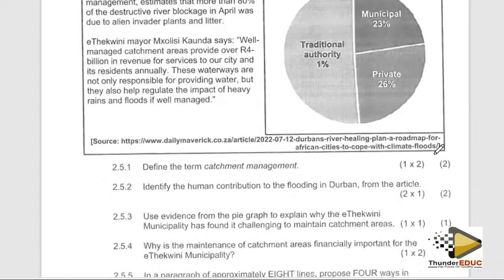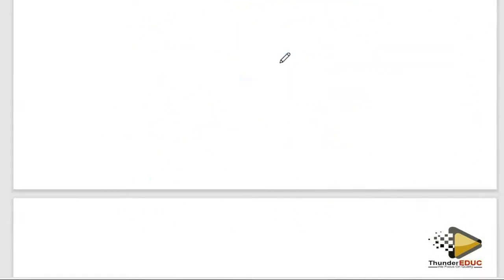Our first question says, define the term catchment management. That is 5.1.